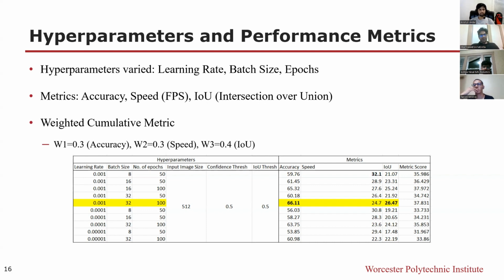For example, our weighted cumulative metric is calculated as W1 times accuracy plus W2 times speed plus W3 times IOU, where W1 and W2 are both 0.3 and W3 is 0.4 based on our requirements. We gave more importance to the IOU as compared to the accuracy and speed for our output using the FPN network.